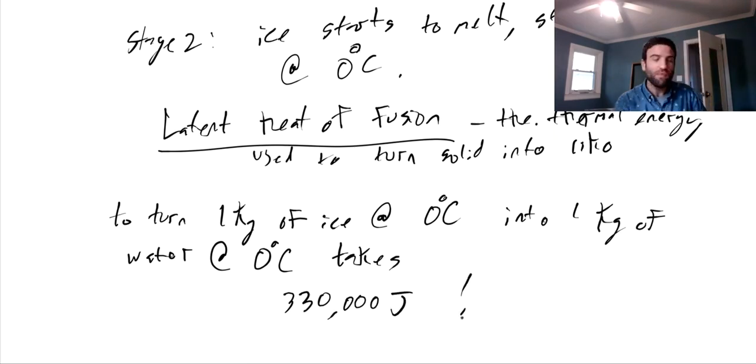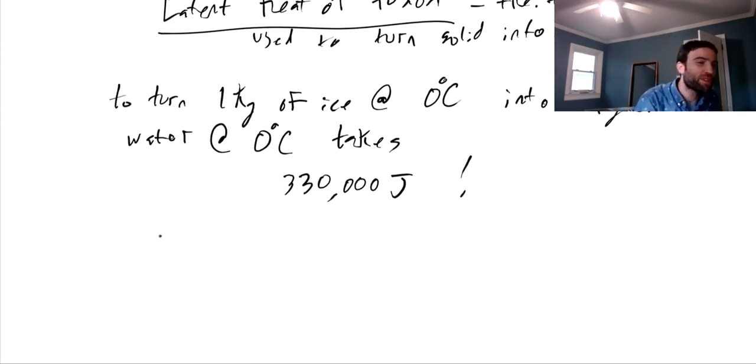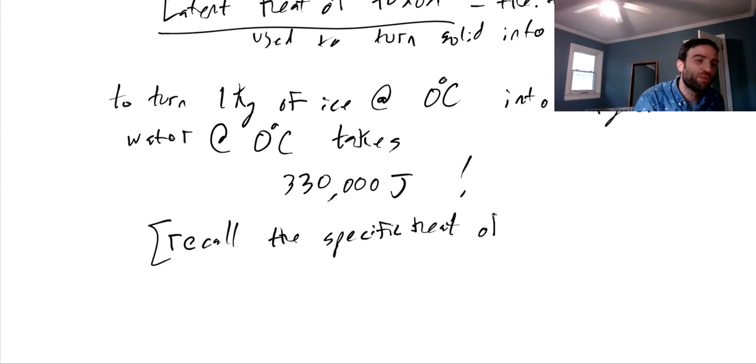Okay? And if we compare that to, remember, this particular number is different for different substances, and for water, this is the value. Recall that the specific heat of water is about 4,190 joules per kilogram per degree Kelvin.